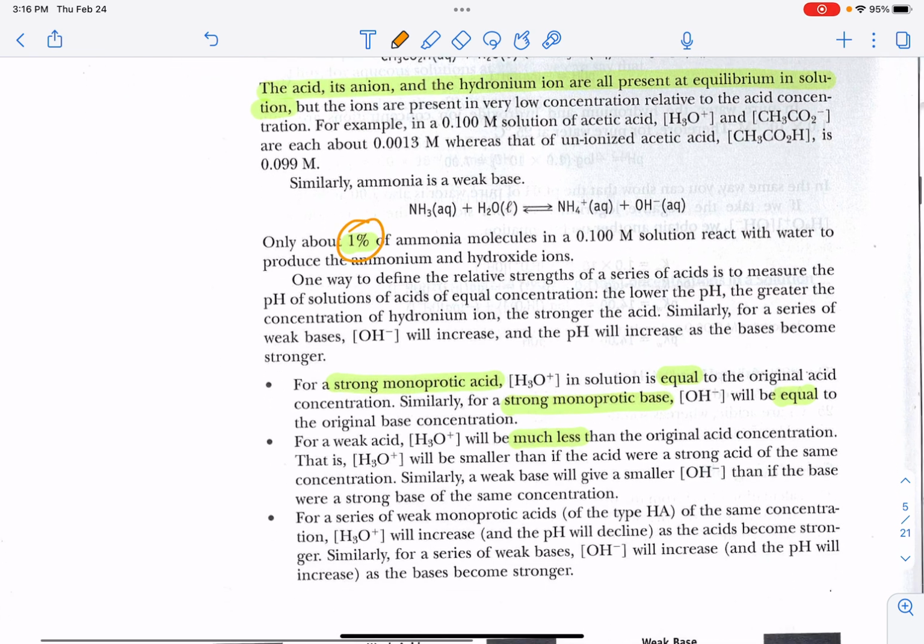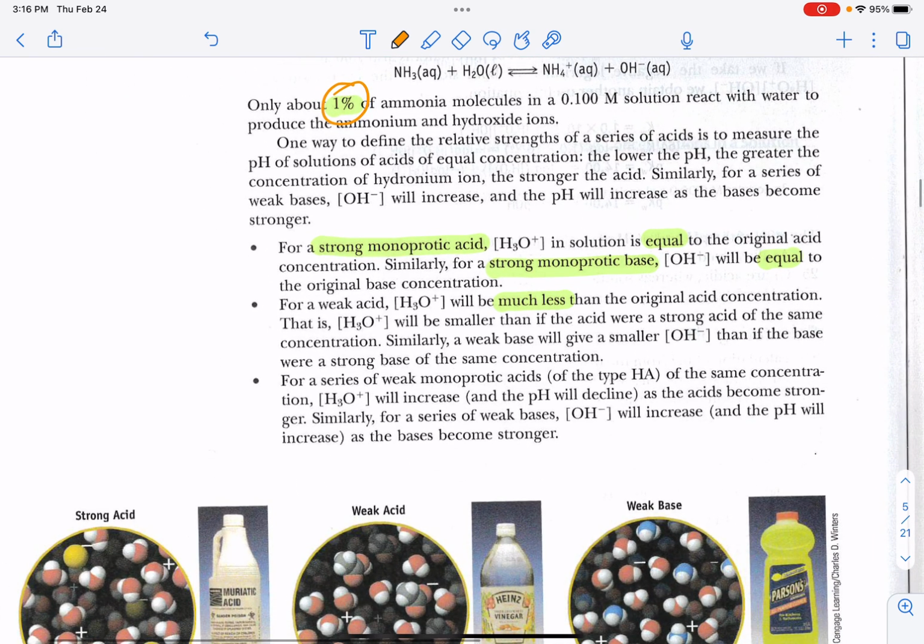Now, a couple of observations. A strong monoprotic acid. Remember the word mono, one, proton or protic, one proton. When you hydrate it, when you take that proton and you combine it with a water molecule, you get your hydronium ion.